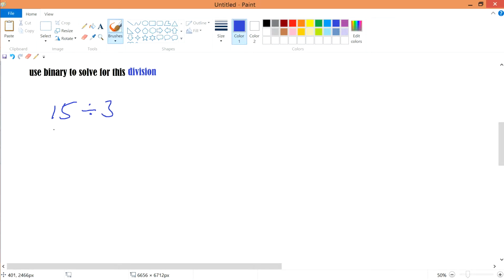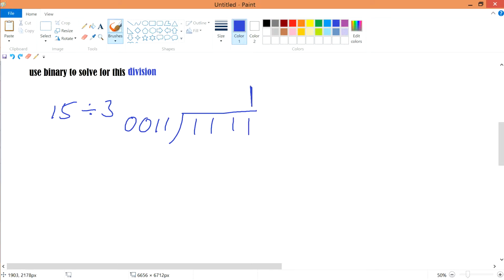And then what can we do? This 15 I can write in terms of a binary, I can write as 1, 1, 1, 1, divided by, 3 is actually 0, 0, 1, 1. So I can use this method to do. So what I can do is write 1 over, how should I write? This is a 4-bit, this is a 4-bit.